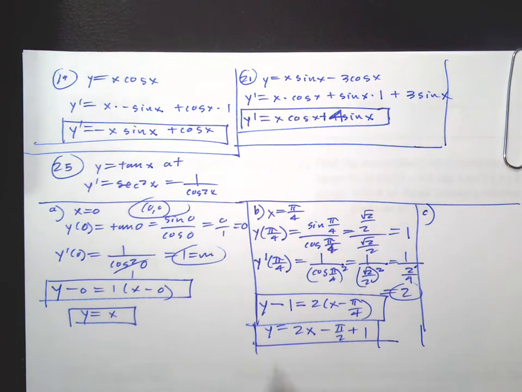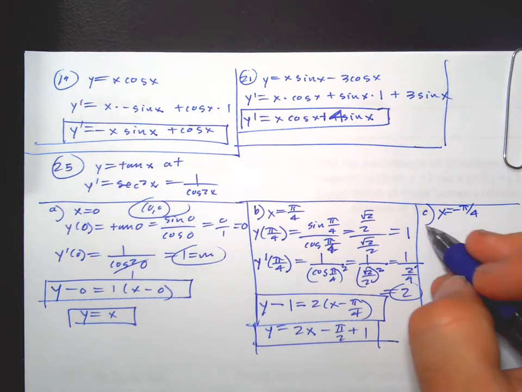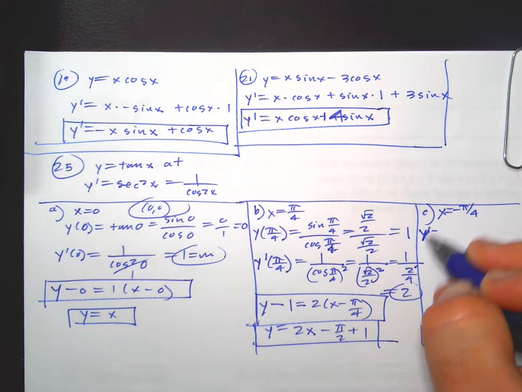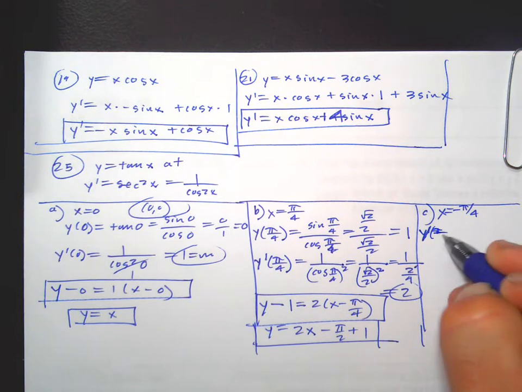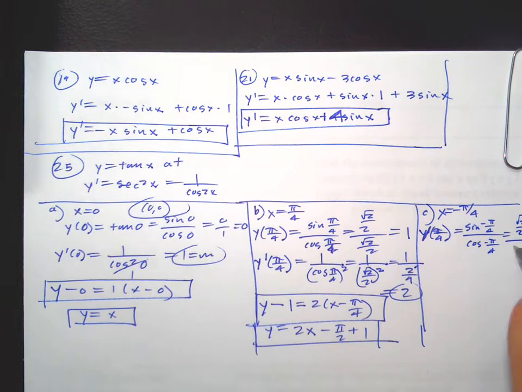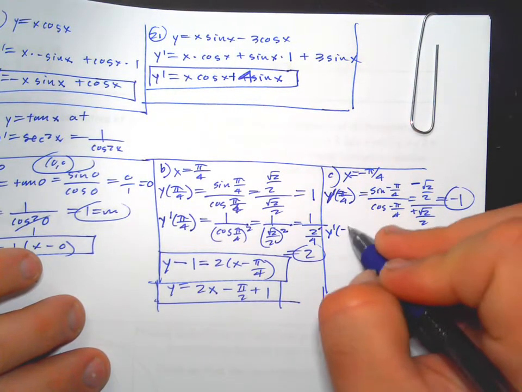Okay, C, so x equals negative pi over 4. So y of negative pi over 4 would be sine of negative pi over 4 over cosine of negative pi over 4, which will give you root 2 over 2 and root 2 over 2, but we're in the fourth quadrant, so cosine is positive, sine is negative. You get negative 1 for the y value. Then you need the derivative.